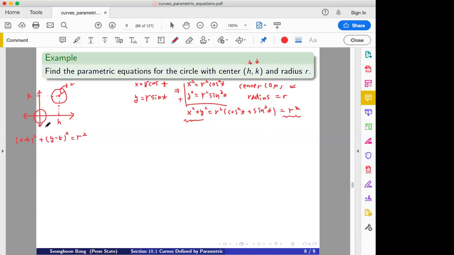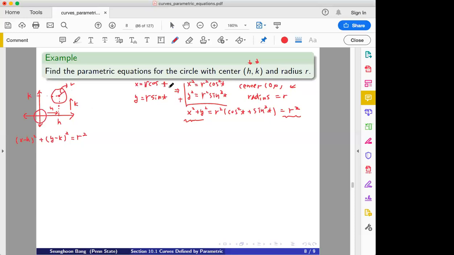How can you do that? You have to move this circle to the right h units, and move up k units. You move h units, move up k units. We have this result. So how can you move?